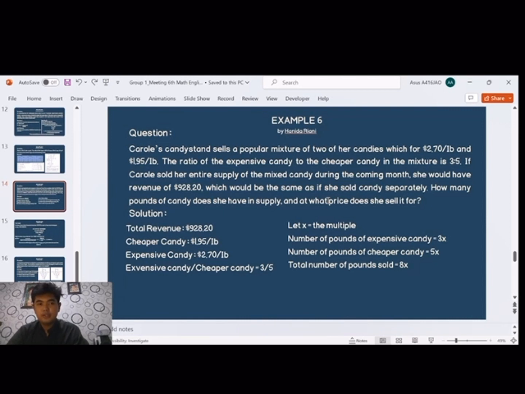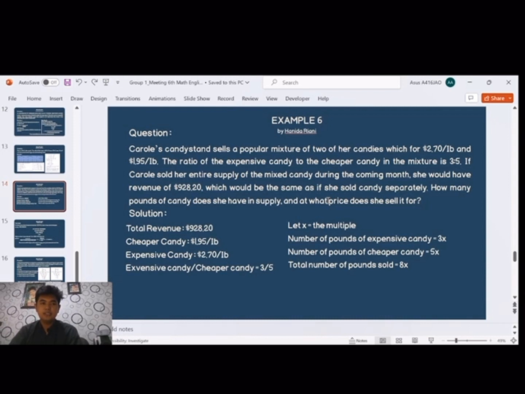If Carol sold her entire supply of mixed candy during the coming month, she would have revenue of $928.20, which would be the same as if she sold the candy separately. How many pounds of candy does she have in supply, and at what price does she sell it?